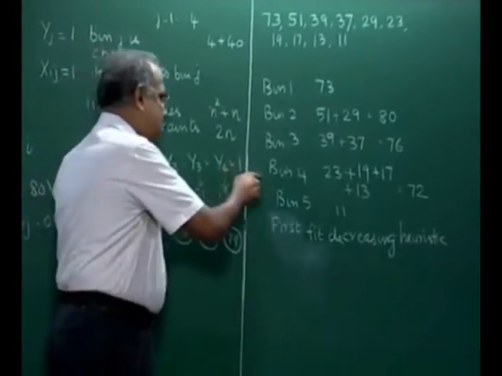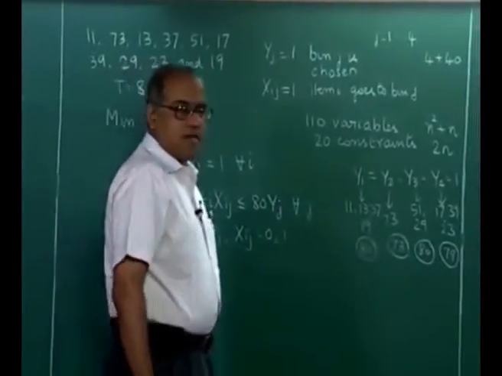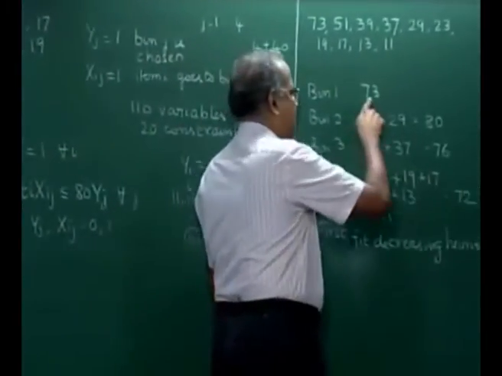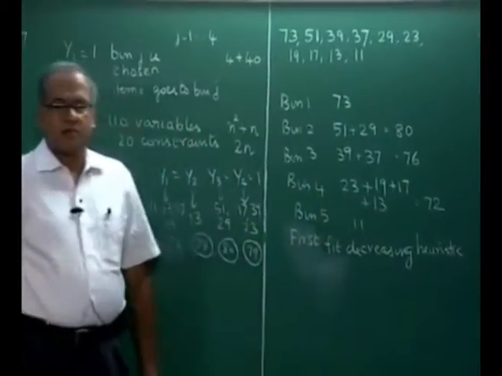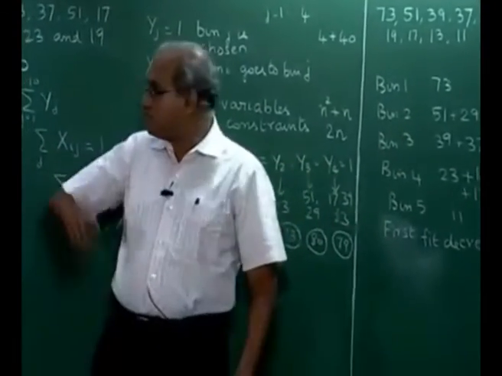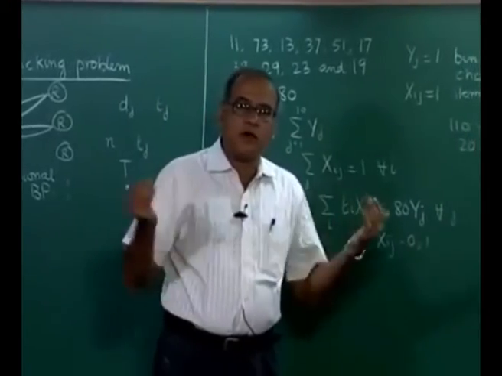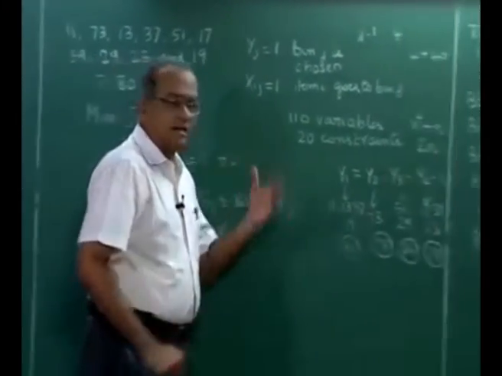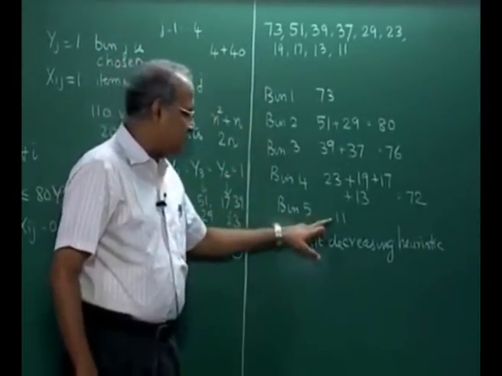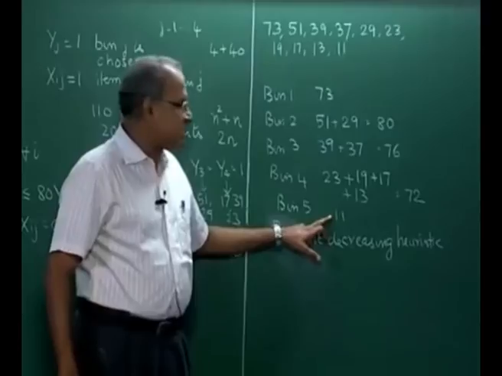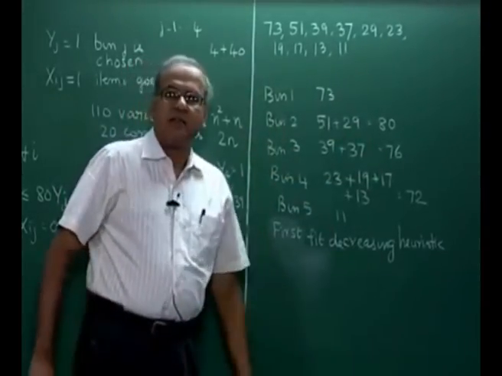But if we were to implement this solution for our truck example, then one truck is going to be used for 73 minutes, another for 80, 76, 72 and 11. When we apply this heuristic to the situation, we are also interested in some kind of load balance among the trucks, because it is hard to say that one truck will be utilized only for 11 minutes while a few trucks are utilized for 80, 76, 73 and so on.